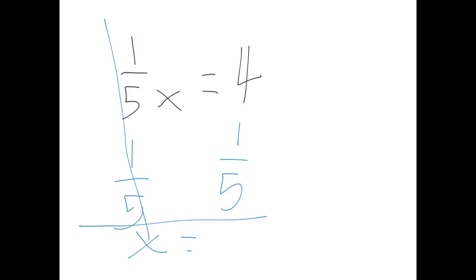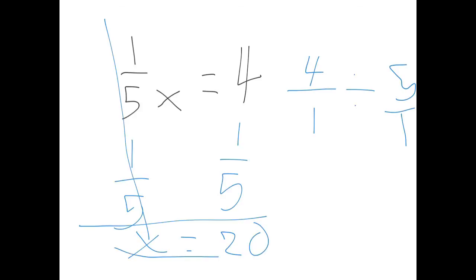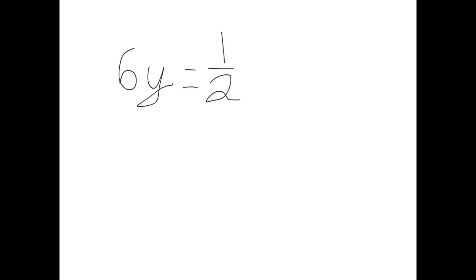So 4 over 1 divided by 5 over 1. It's just going to be 20, because 20 over 1 is just 20. There you go.